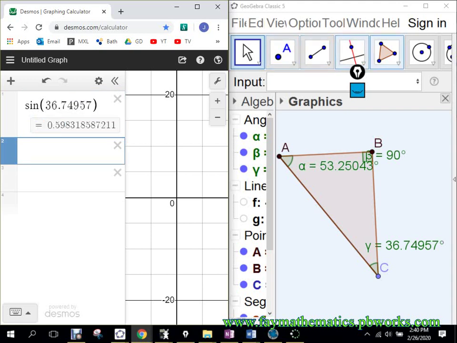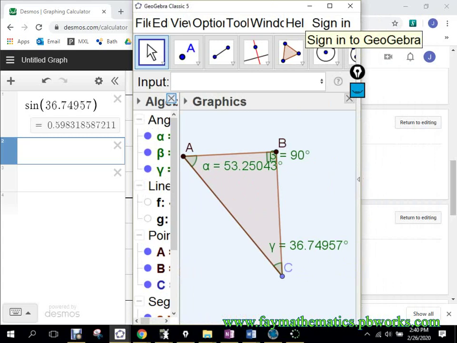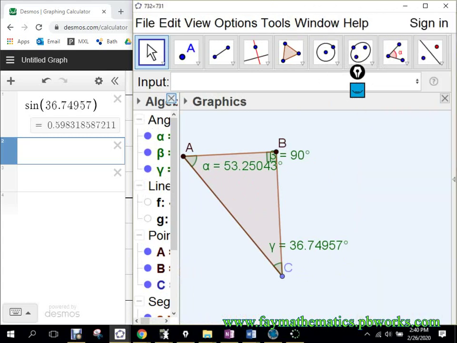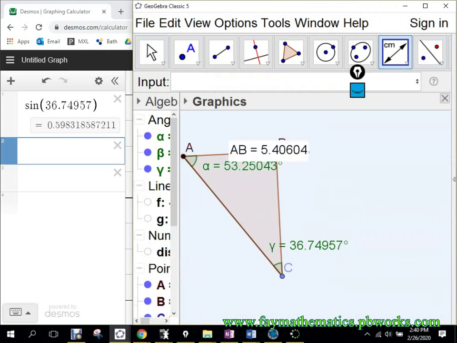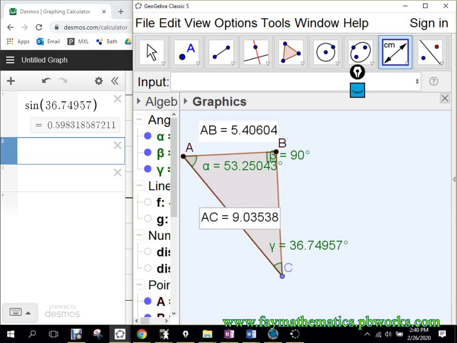Take your calculator, because sine is opposite divided by hypotenuse, correct? I want you guys to take your calculator. I'm going to give you the opposite side of that 36 number, which would be AB. Type that number in. And I want you to divide it by AC, which is that number. So it's opposite divided by hypotenuse.